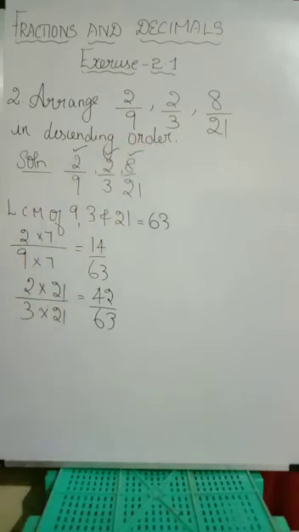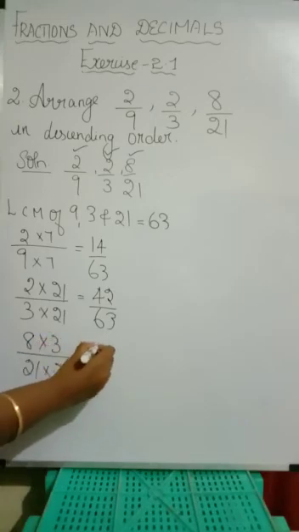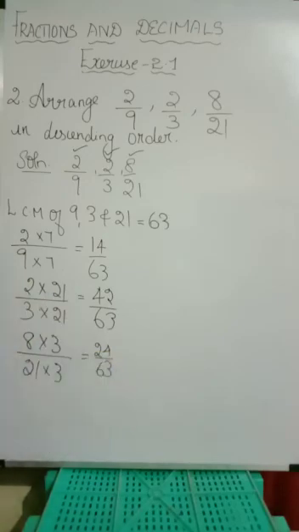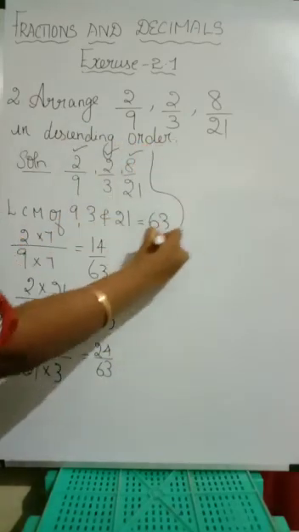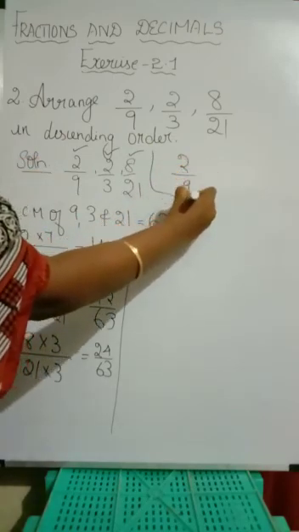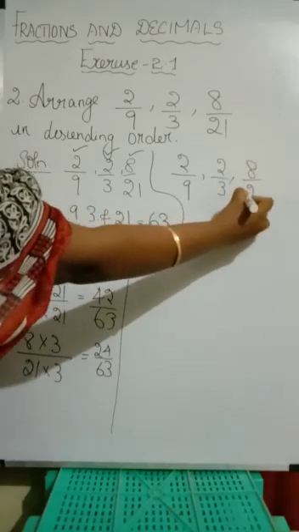Then take the next fraction. What is the fraction? 8 by 21. So which number will we multiply to get 63 there? 21 into 3. 8 3s are 24. 24 divided by 63. Is it right? Then 2 by 9, 2 by 3, 8 by 21.